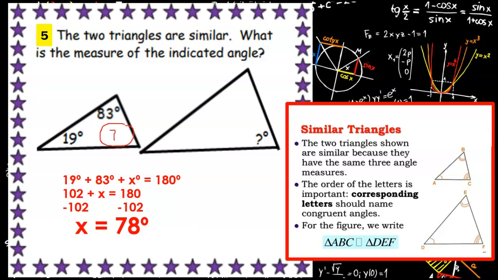So this angle right here is 78 degrees. And we also know that with similar triangles, their sides are proportional, but their angles are the same. They are congruent angles. So this angle measurement is also 78 degrees.